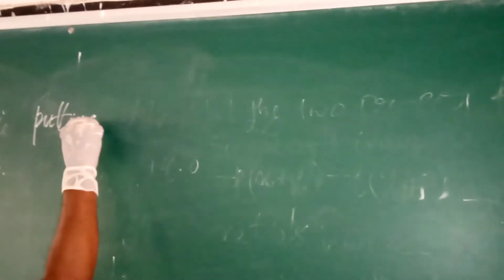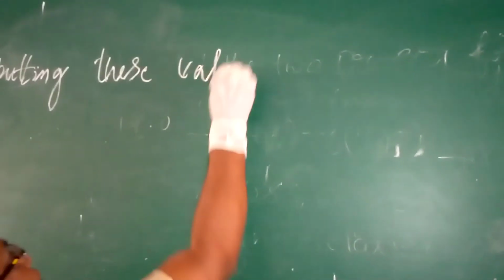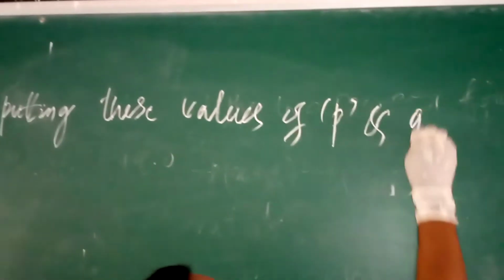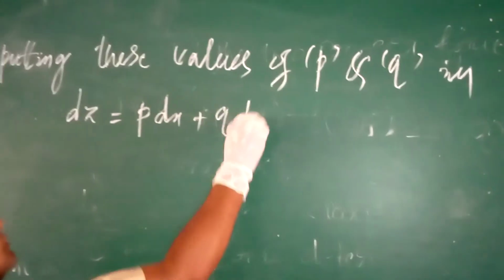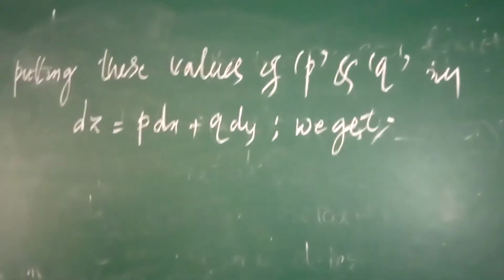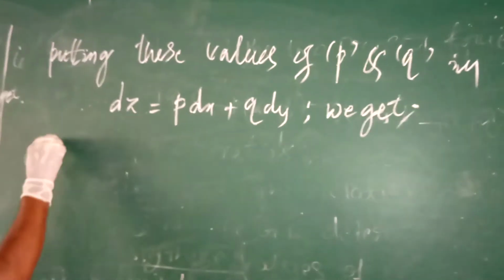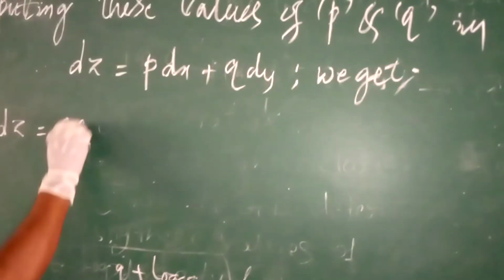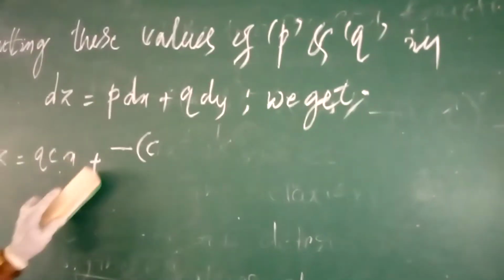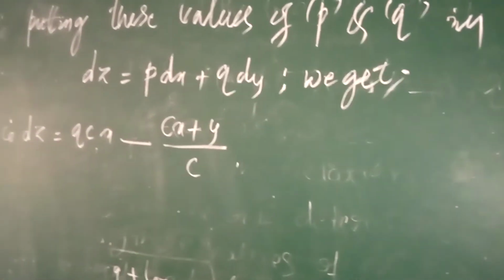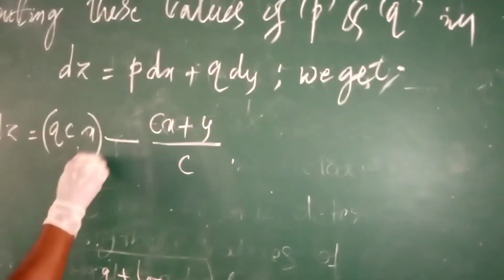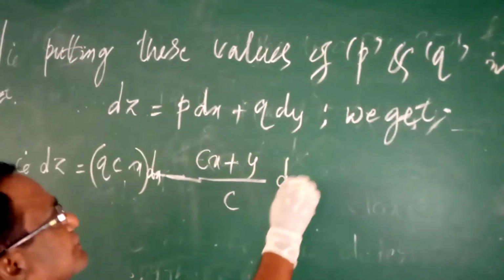We get dz is equal to P, which is QC into X, plus Q, which is minus of Cx plus Y divided by C, into dx, here minus this into dy.